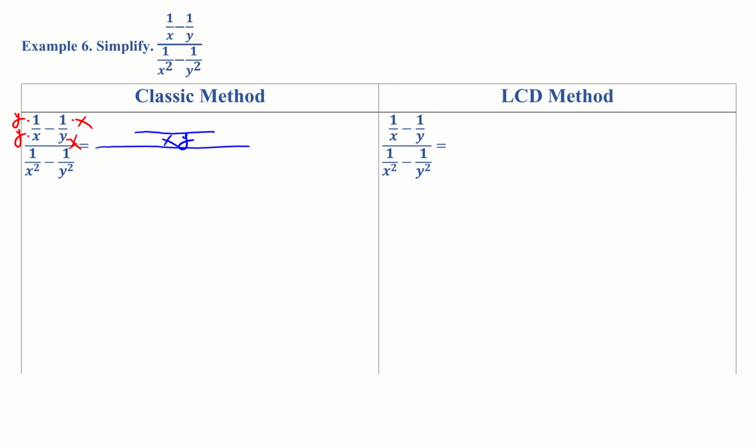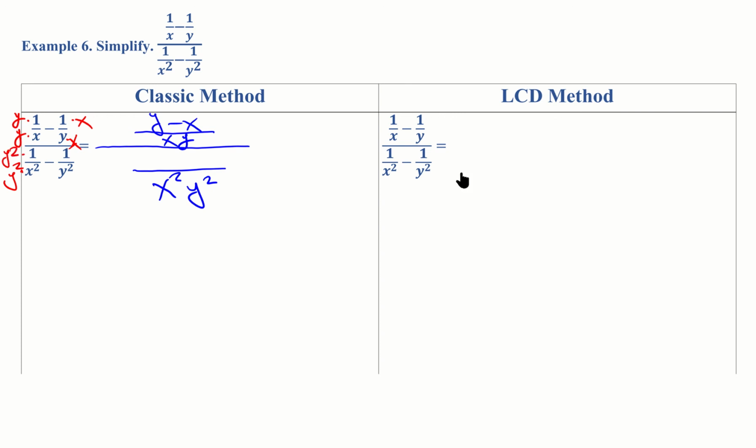So now the new numerators that we obtain are y minus x, because y times 1 is y, 1 times x is x, and we have a subtraction, so minus. Down below, the LCD of these two fractions is x squared y squared. To turn x squared into x squared y squared, we need to multiply by y squared, and of course we have to immediately do that on the top.